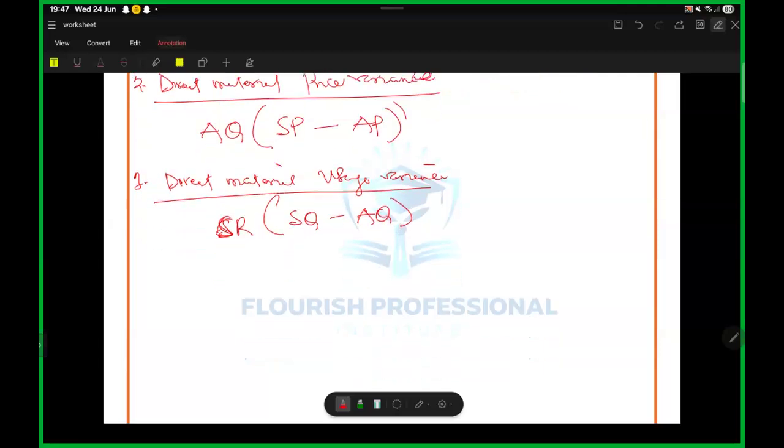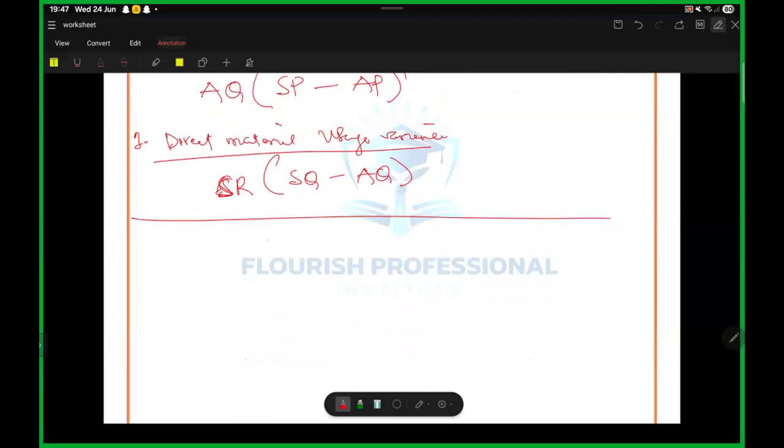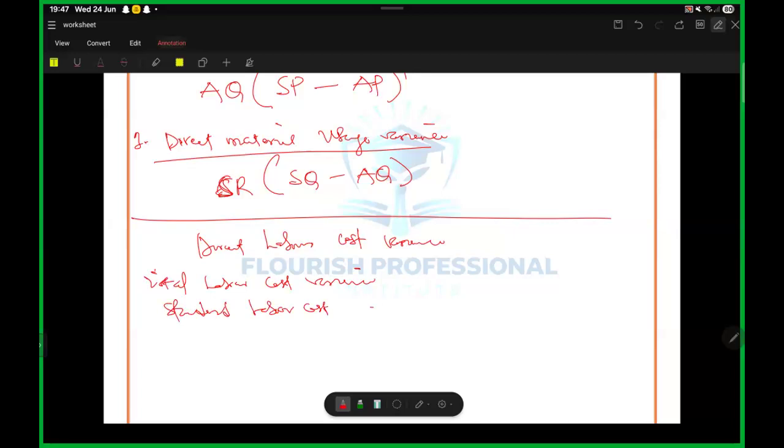Okay. The same thing happens for labor. So let me talk about labor briefly. Direct labor variance. First we have the total. The total labor cost variance is always going to become your standard labor cost minus the actual labor cost.